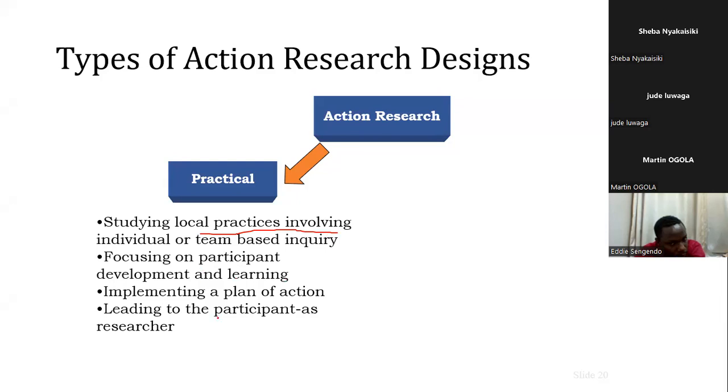So usually action research deals with an actual existing problem within a specific context.